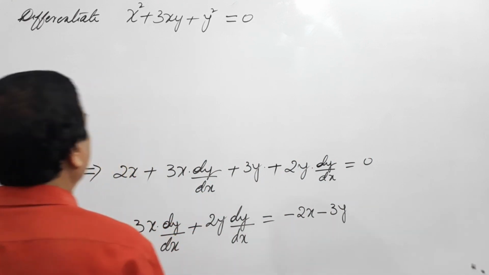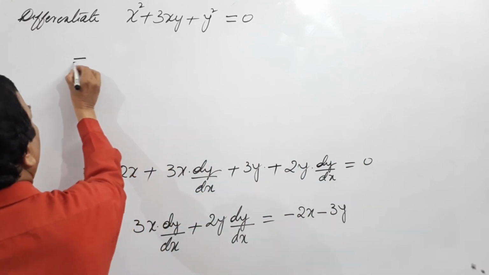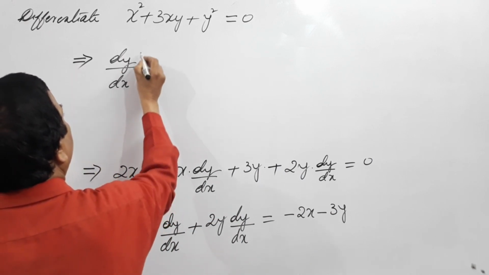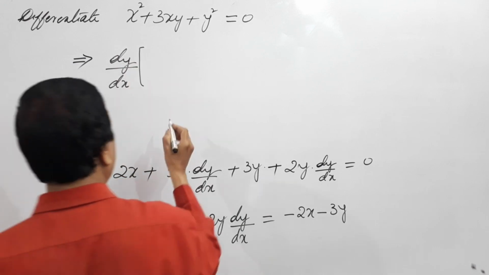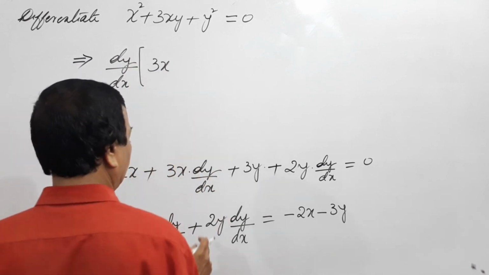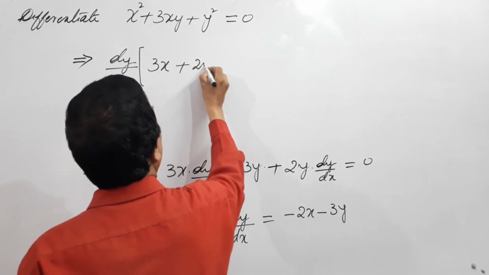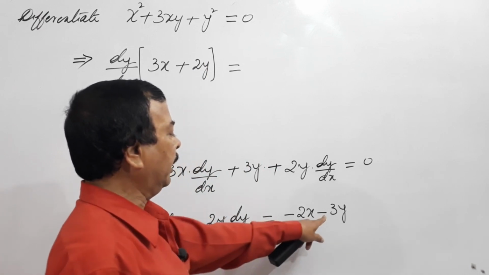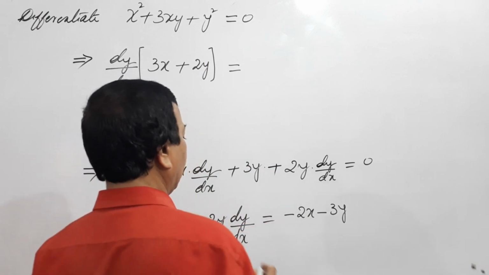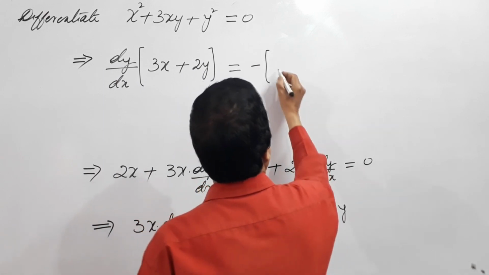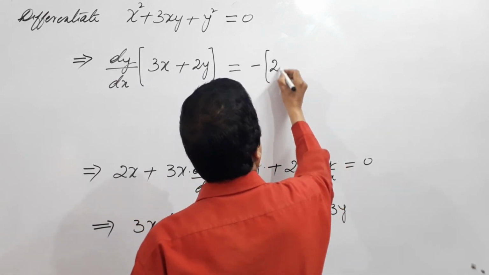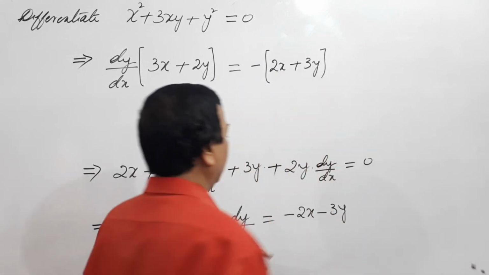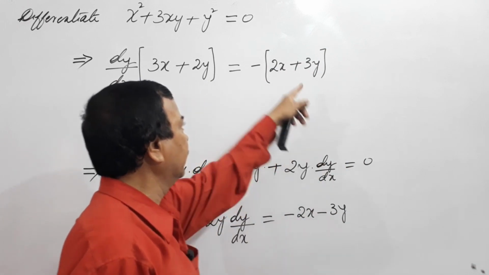So I'll take dy by dx common, so this becomes 3x plus 2y equals to, I'll take minus sign common, what is 2x plus 3y, because if we multiply this minus you get again minus sign here.